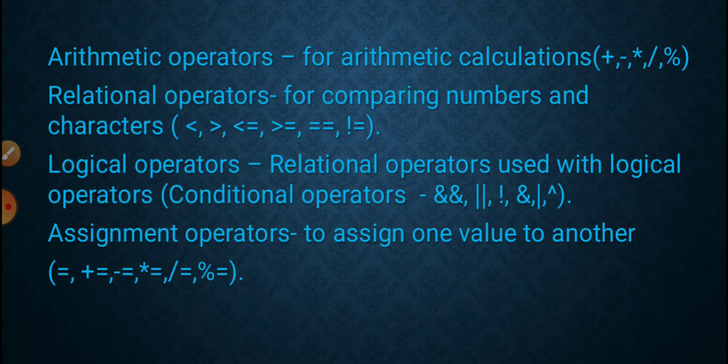The next operator is the relational operator. It's for comparing numbers and characters: lesser than, greater than, lesser than equal, greater than equal, equal, and not equal. The next operator is the logical operator.